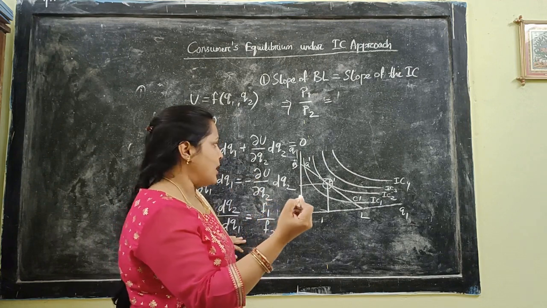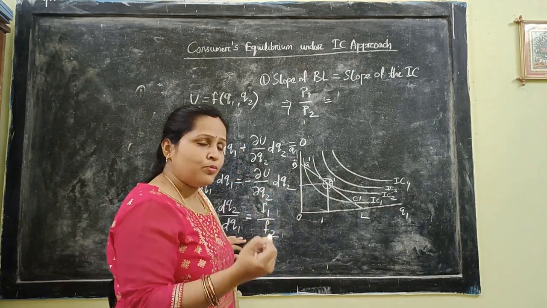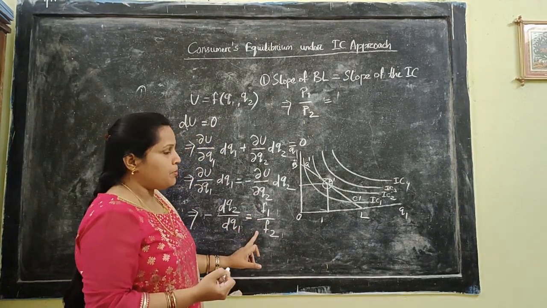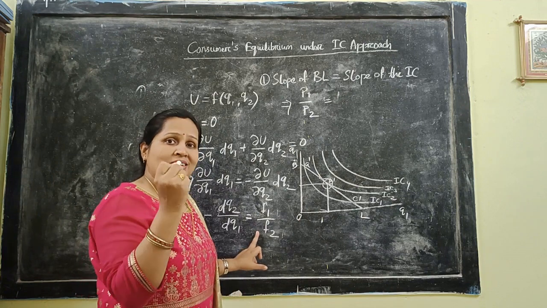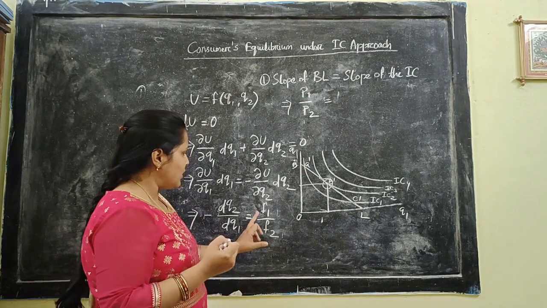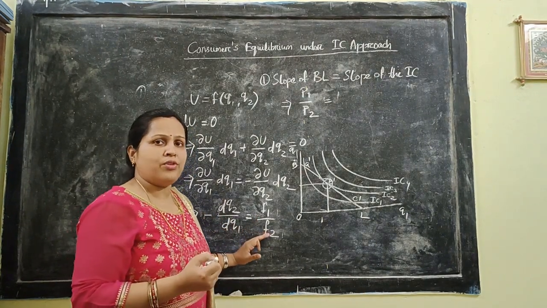So the slope of the indifference curve we can also represent in terms of the ratio of the marginal utilities of the two commodities Q1 and Q2, that is minus dQ2 by dQ1 is equal to F1 by F2.